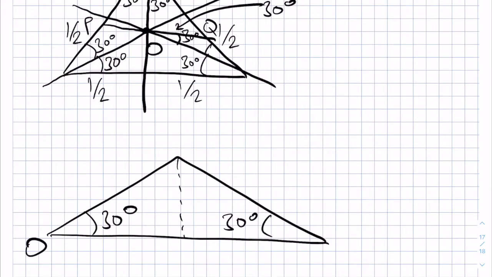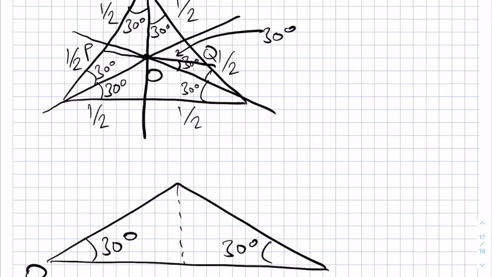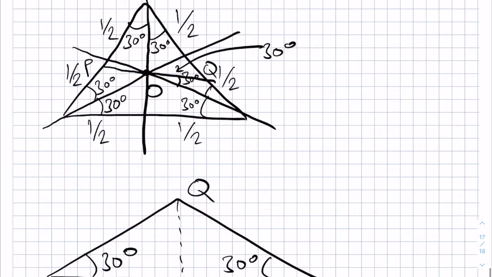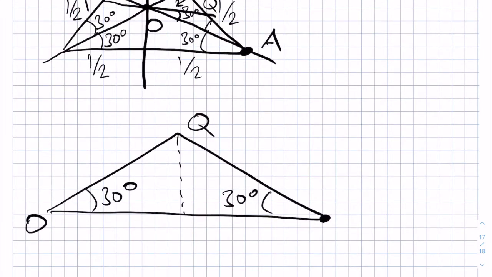O appears here in this diagram, and Q appears here. And the corner of the triangle, let's say A, appears here. We're interested in finding this length O to Q here, and then doubling it to give us the length of PQ. But we do not have any lengths on this diagram to begin with.